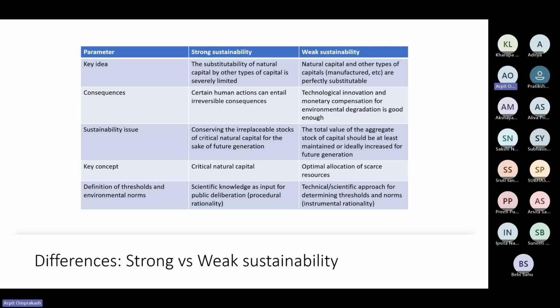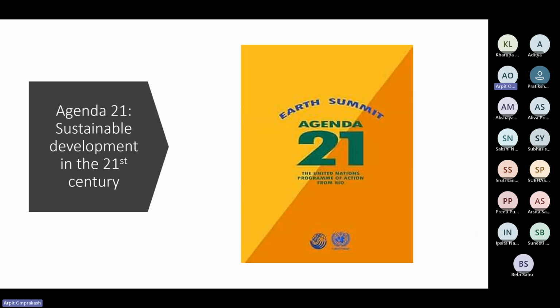So once you determine how much of this resource you can use without causing that much damage, you should stop there and use it. Whereas strong sustainability says that even if there are limits, we should be able to find better methods or develop more scientific knowledge to better manufacture items and better use resources.